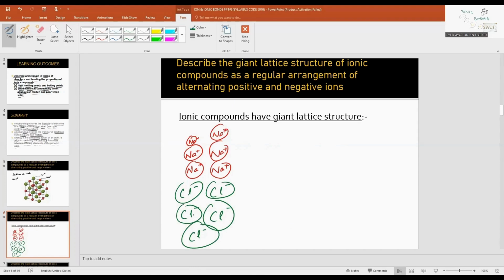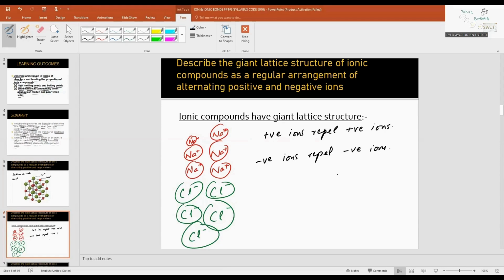You know that positive ions repel positive ions and negative ions repel negative ions.